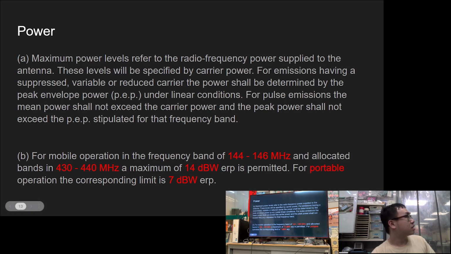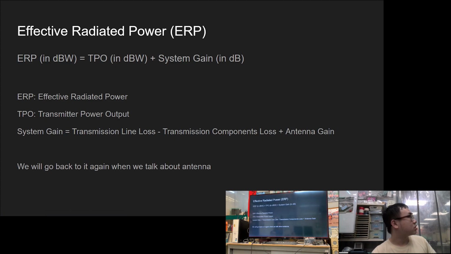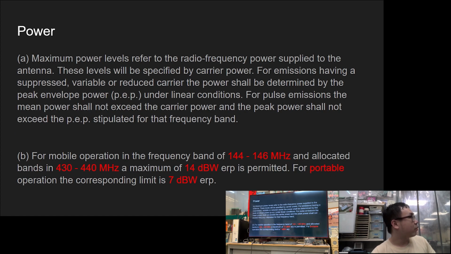Okay, 144 to 146 is always 14 dBW ERP. So I will explain what ERP is at a later time. Let me go through this one first. Just a minute. Let me have a check. And for portable, I've just mentioned it is 7 dBW.